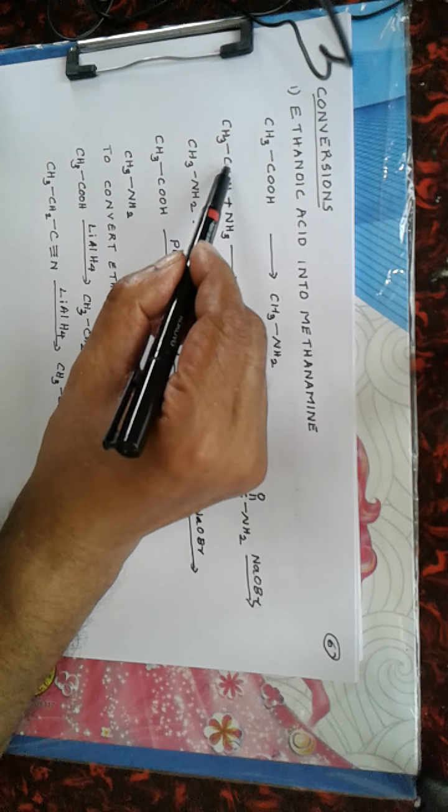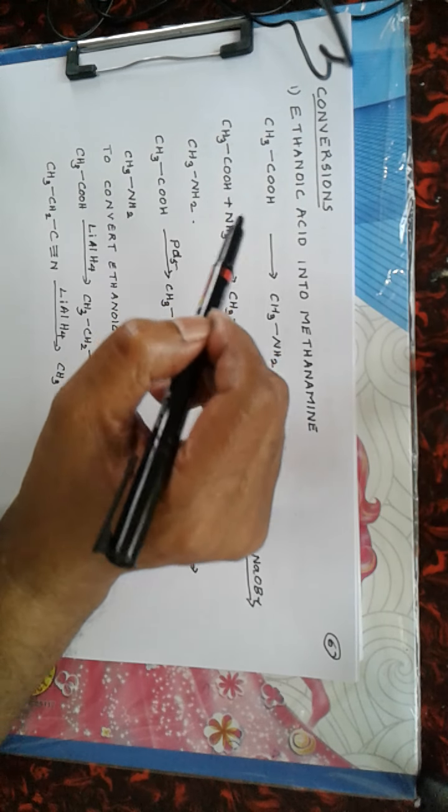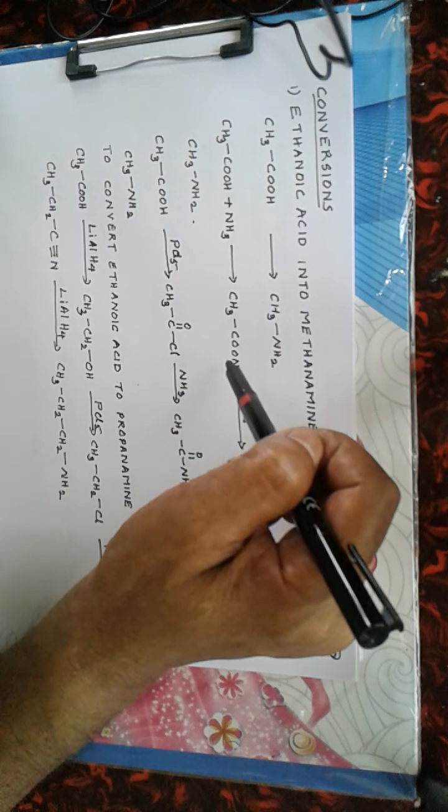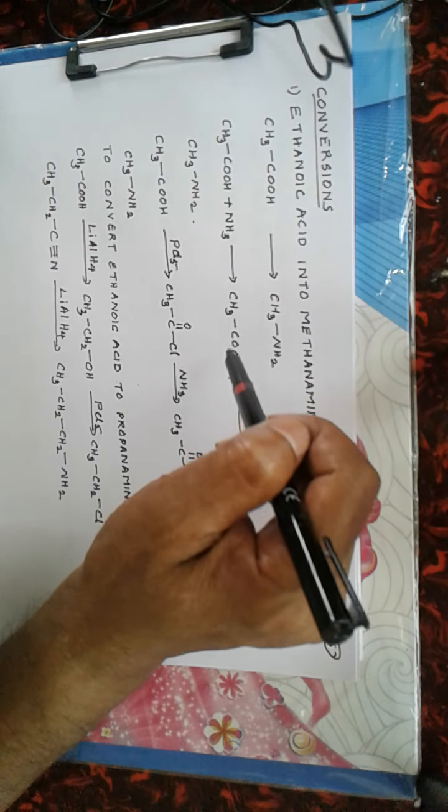So first of all, the acid is reacted with ammonia to get an acid-base reaction. Ammonium acetate is formed, the ammonium salt of the acid.